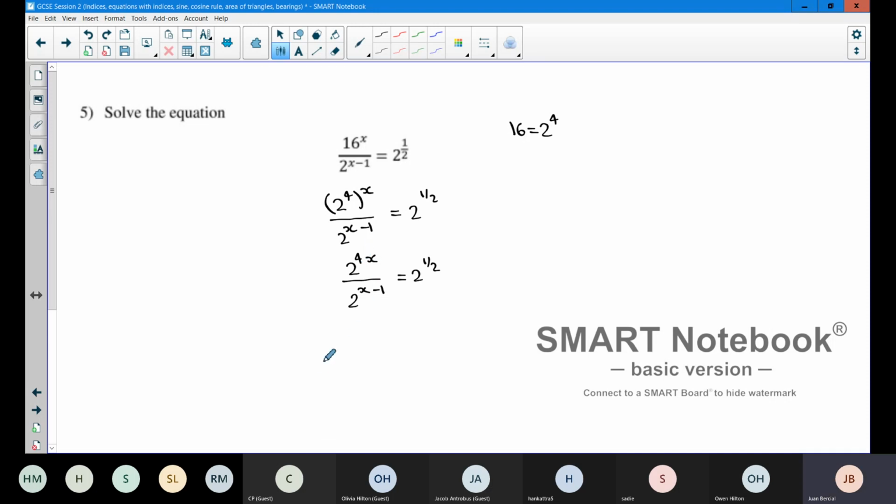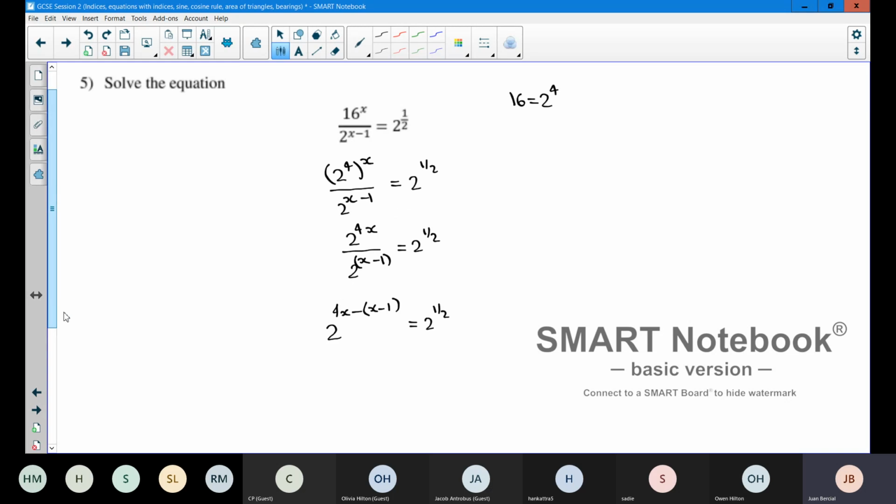And remember that when we divide, we take away the exponents. So we have 2, and then it's 4x. Careful here, because we're taking away all of that, so we have to use a bracket. So it's 2 to the 4x minus, in brackets, x minus 1. Be very careful with that, because we're taking all of that away. So that is 2 to the half.